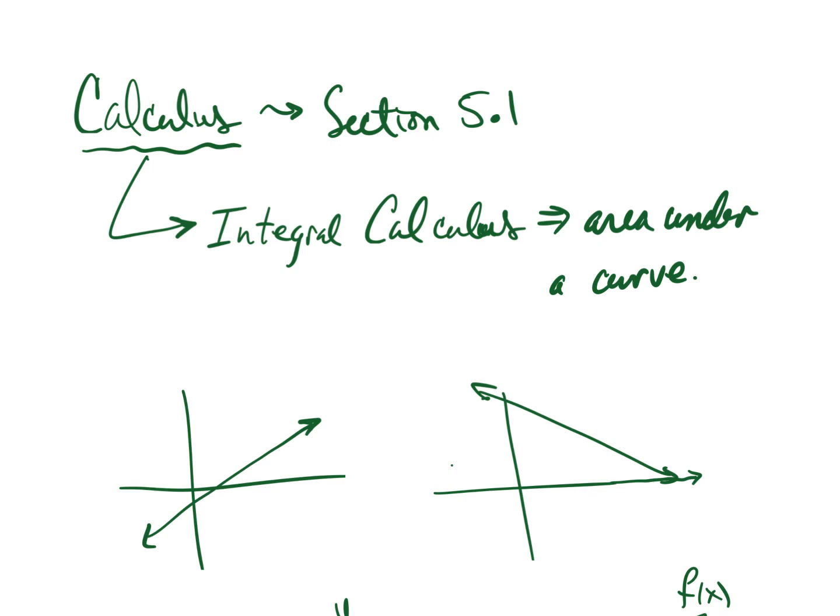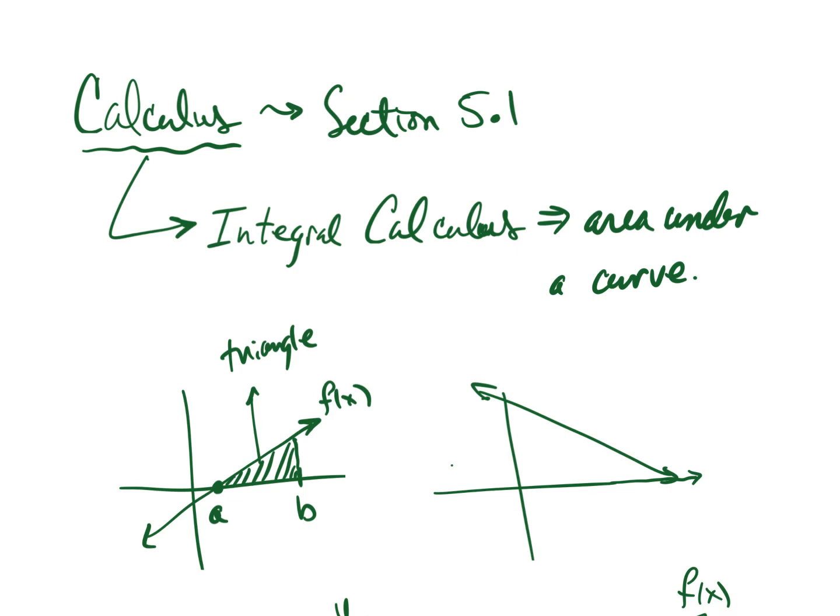Now, I've got a couple of pictures drawn on the screen. If we were trying to find the area under a curve which is a straight line, like this first one, and I asked you to find the area between A and B, that's not very difficult, because this shape is simply a triangle, and a triangle has an area of 1/2 times the base times the height.